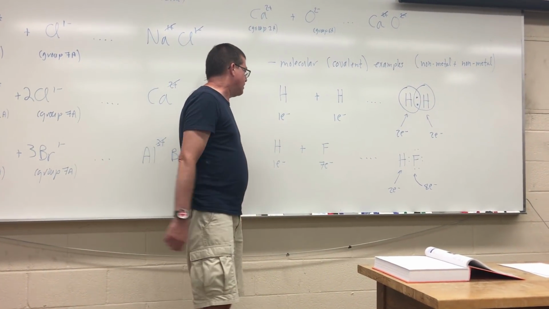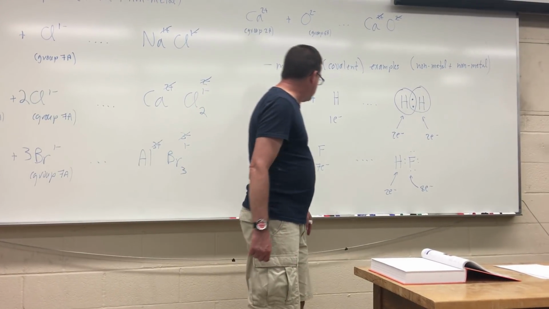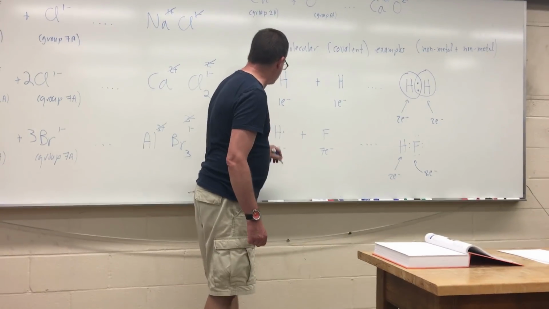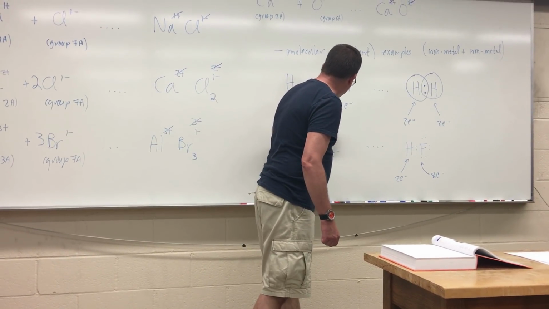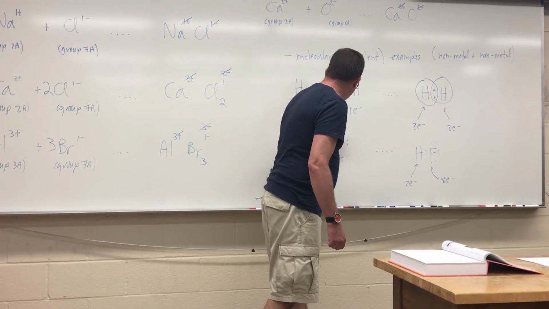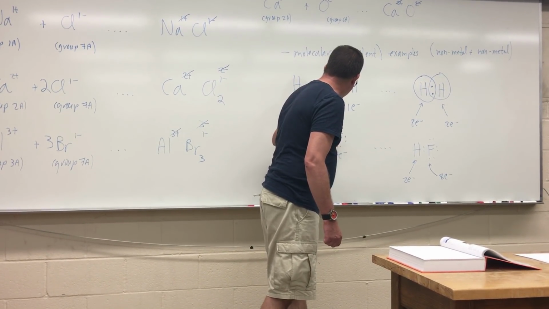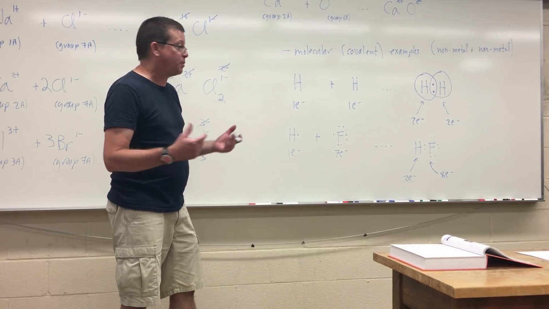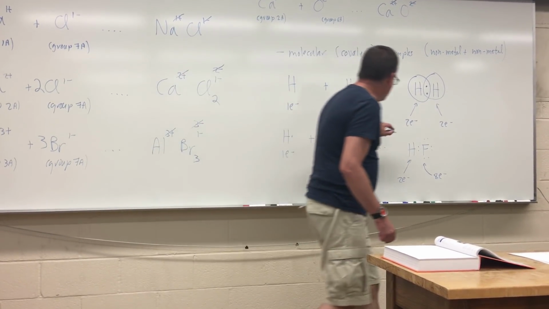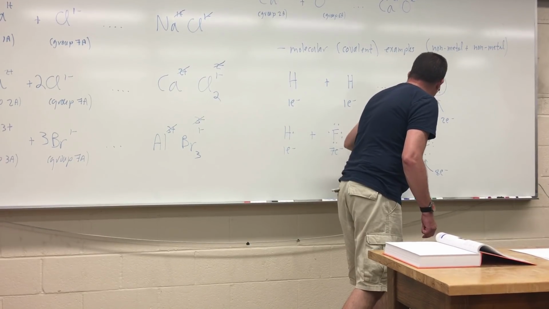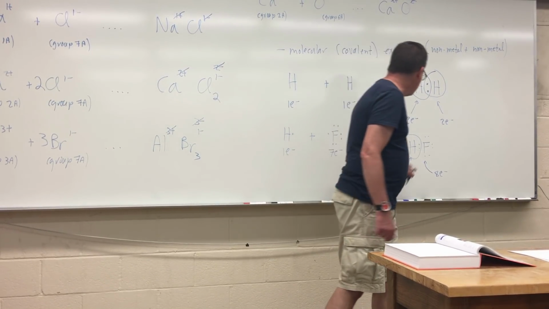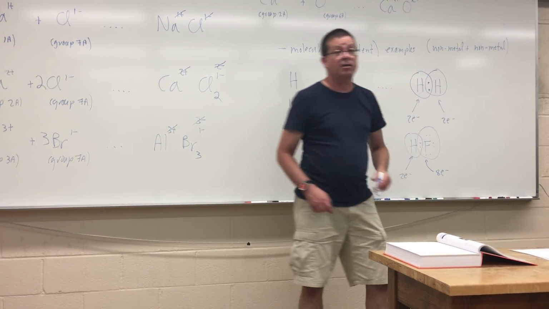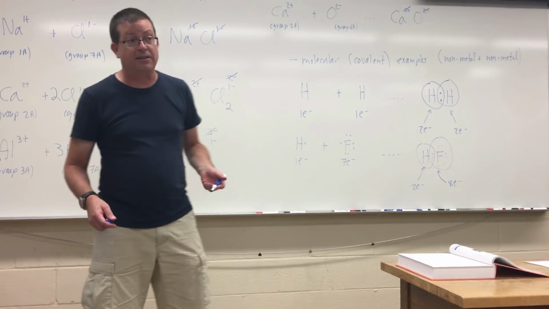So as a result of this, when we bring these things together, hydrogen will bring in its 1 electron, fluorine will bring in its 7 electrons. And now we're going to be sharing electrons between those 2, so that now hydrogen can have its 2 electrons to look like helium, and the fluorine now can have its 8 electrons to look like neon, which is its next noble gas neighbor.